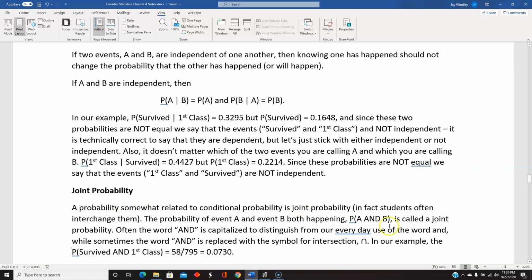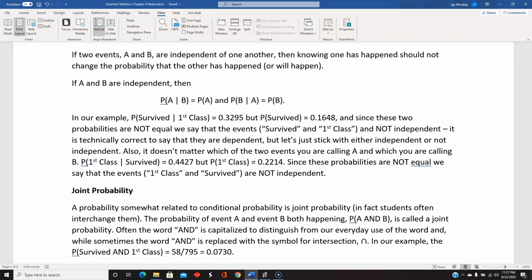It's usually written with the word and. I like making the word and uppercase. Sometimes the word and is lowercase. Sometimes it's this upside down U that means intersection in set notation. And so it's the probability that both events happen.